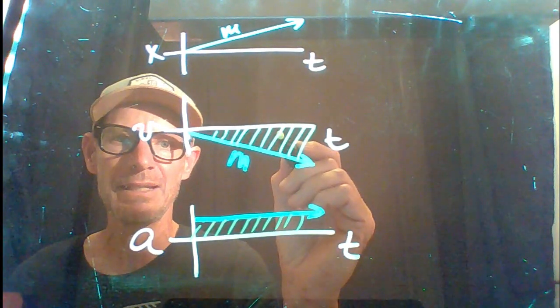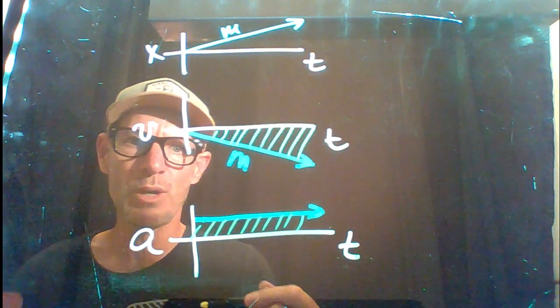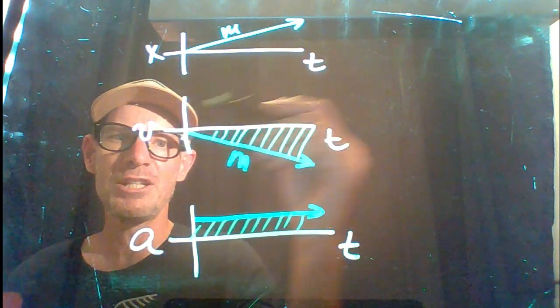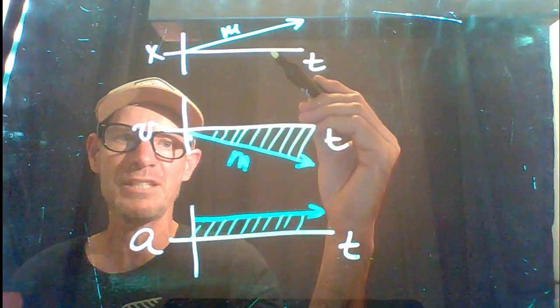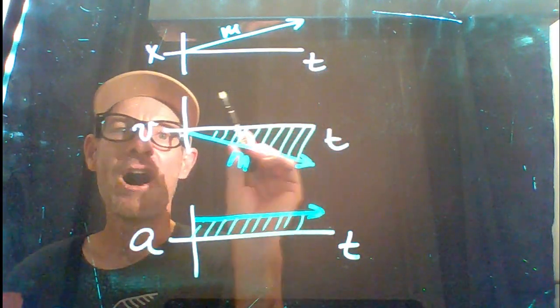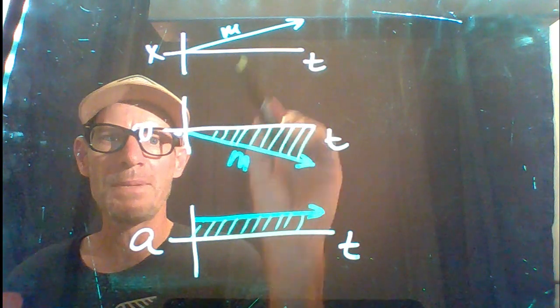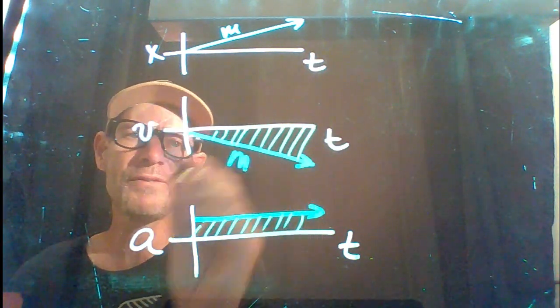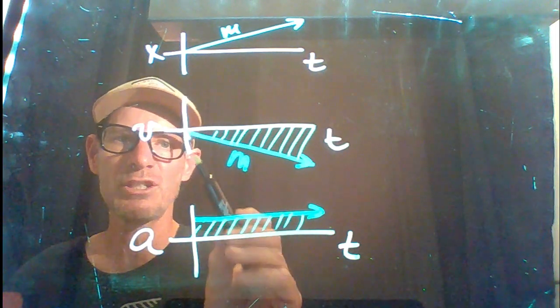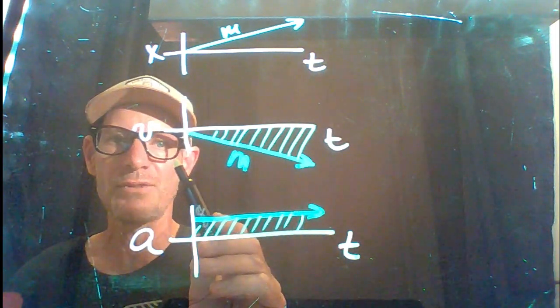So quickly reviewing one more time, if you have a position graph, you can find out things like initial position, final position, change in position. Also, if you find the slope of the position graph, it will tell you the velocity. If you have a velocity graph, you can find out initial velocity, final velocity, change in velocity.